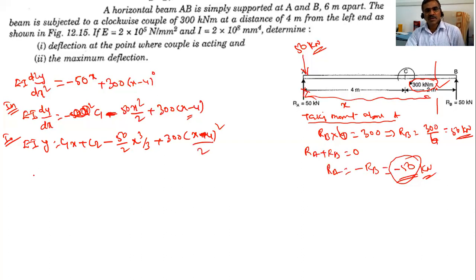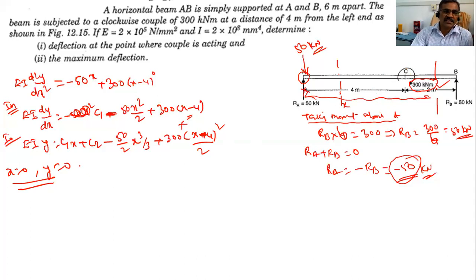Now to find C1 and C2, you have to apply the boundary conditions. When x is equal to 0, y is equal to 0. The boundary condition is here, so you have to take the axis here. If you take the axis here, you should not take the right side term. If you don't take this term, you will get C2 is equal to 0.